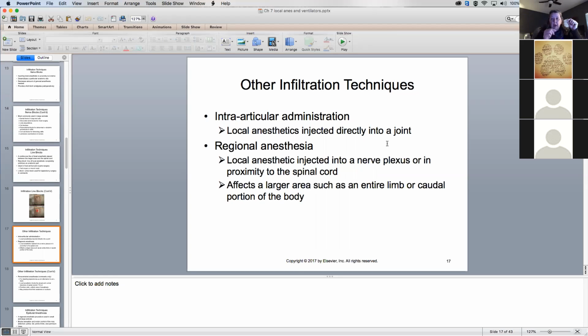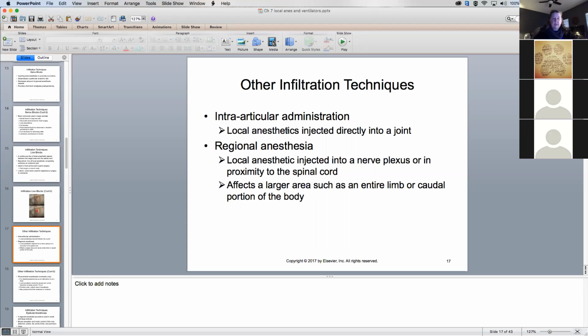Once you go through the joint capsule, you'll feel a pop. Then they pull out the stylet, attach the agent, and push in the drug. So a spinal needle is just a different type of needle used for these procedures.